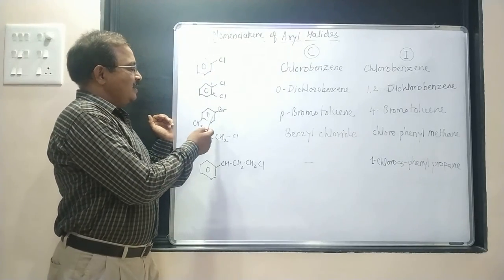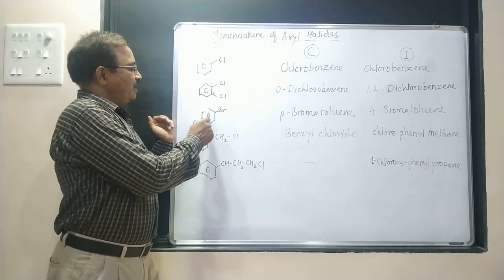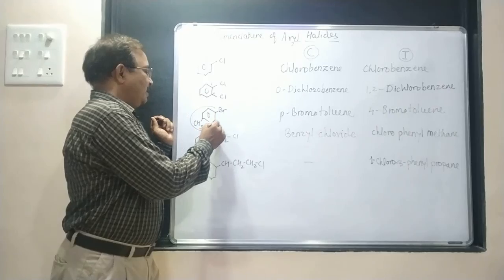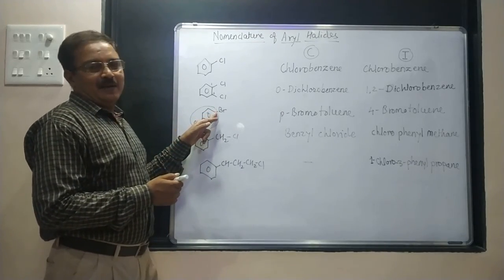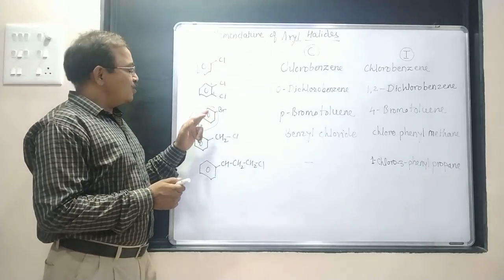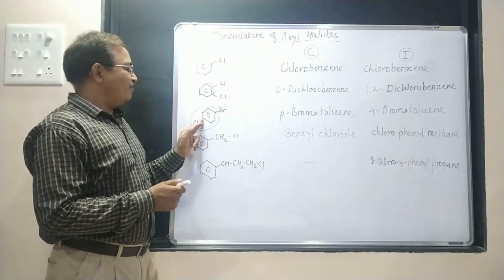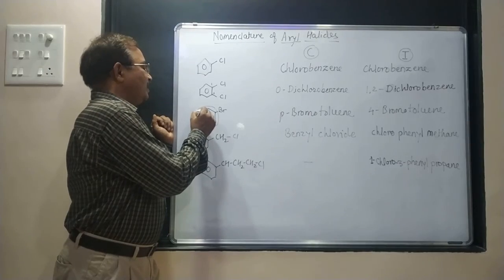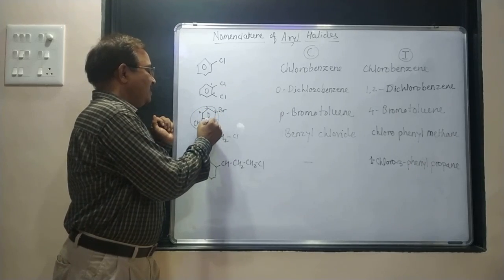Now, the third compound, let us see here. As we have studied in 11th standard, this compound is toluene, and the halogen is attached to the para carbon atom of this toluene. How is this carbon atom called a para carbon atom? Let us start from the first carbon atom, second, third, fourth, fifth and sixth.